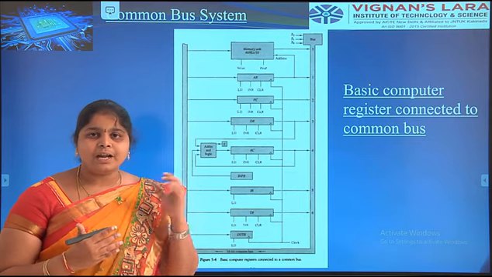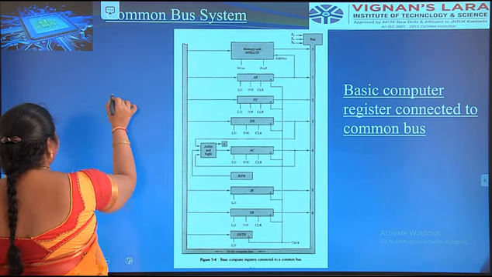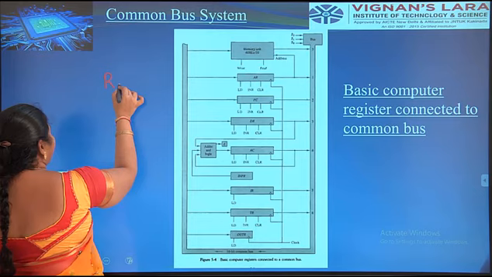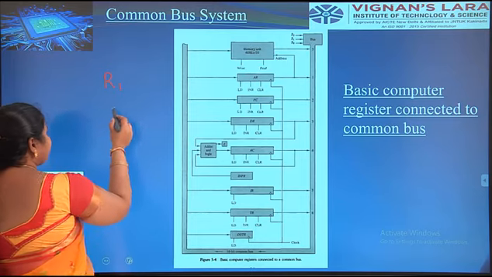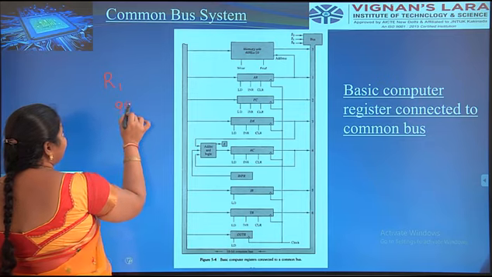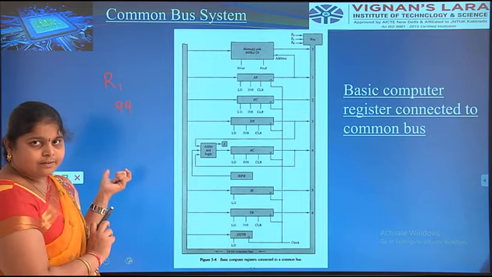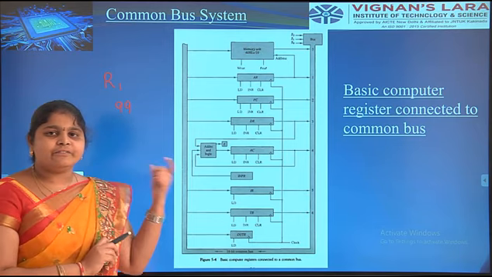For example, for register 1, we have to transfer the information from one register to another register. For the remaining 99 registers, we have to transfer the content of R1. For that we need 99 cables and wires.